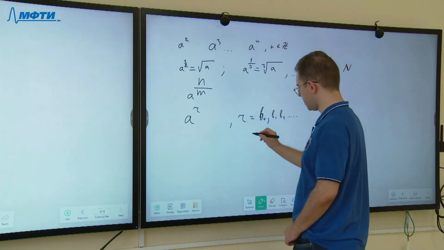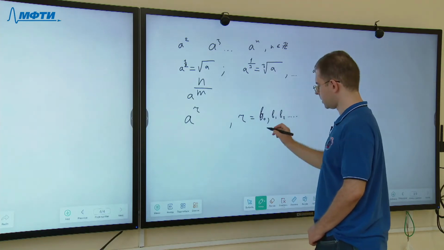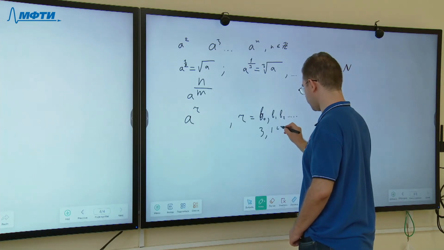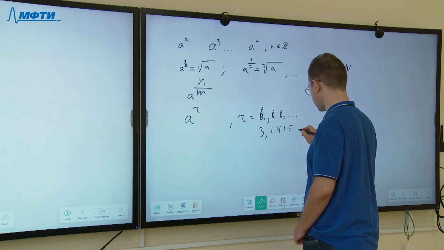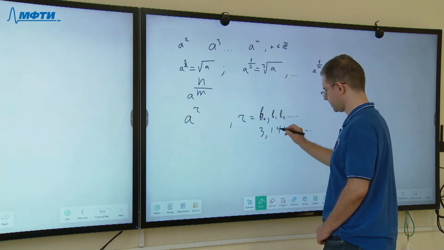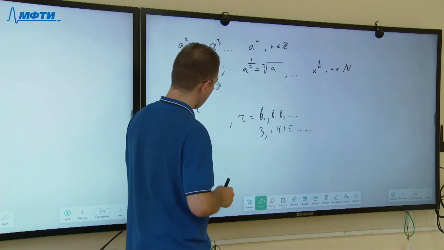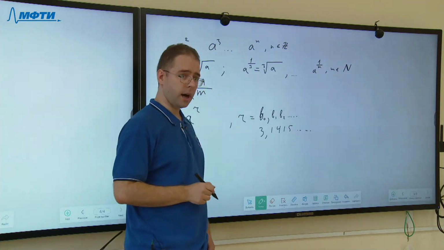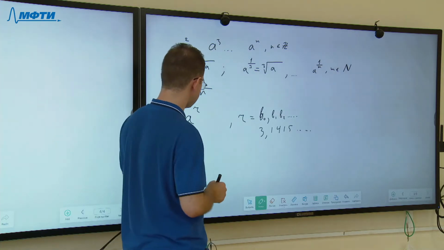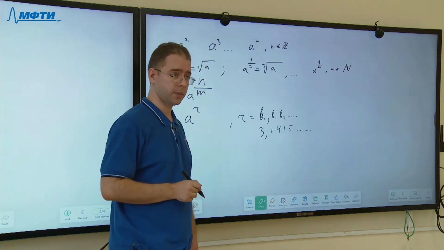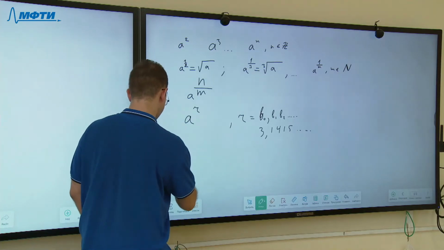For example, this number could be 3.1415, and so on. And I'm doing this sequence of calculations. I'm raising a.